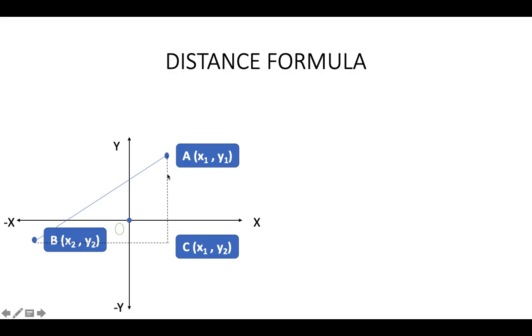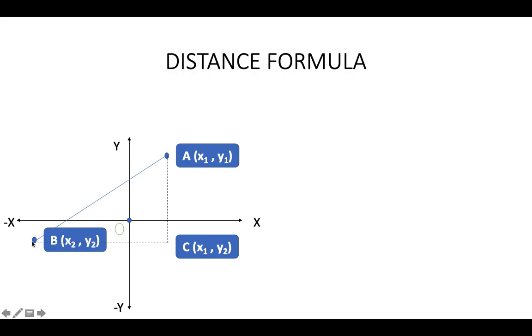See, on this particular line, the value of x will remain the same. If it is x1 at this point, again it will be x1 at this point. The only value that is changing is the value of y. So anywhere on this line the value of x will be x1 only. Therefore, I have taken this as x1.